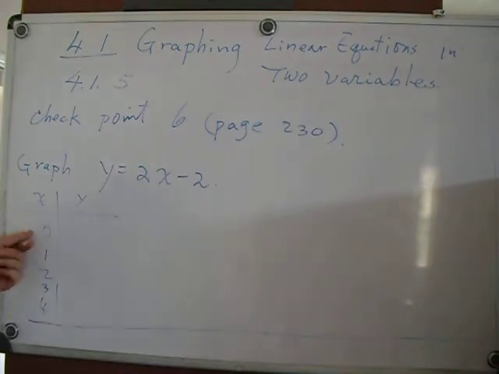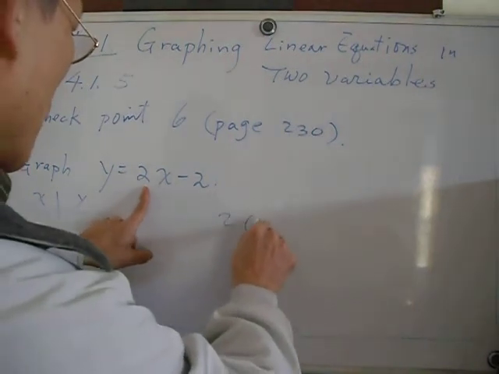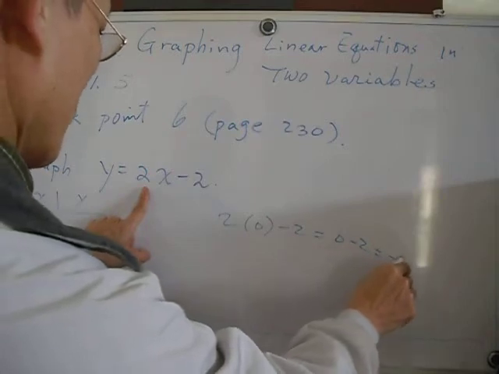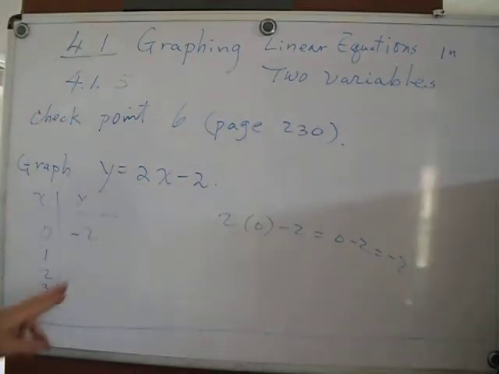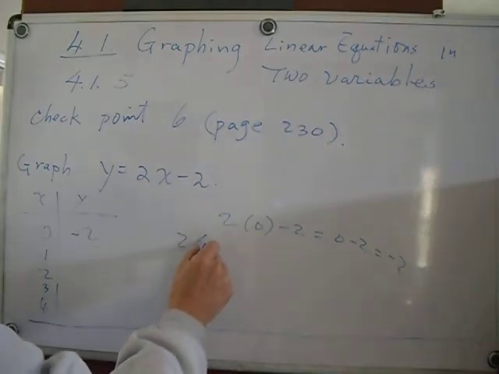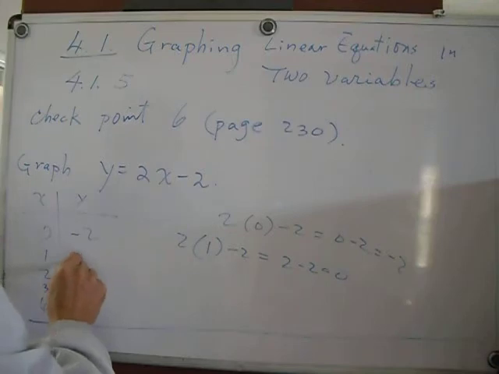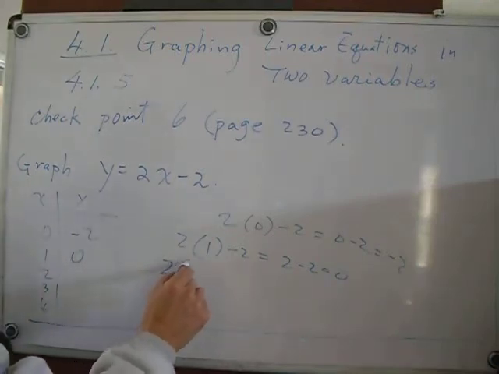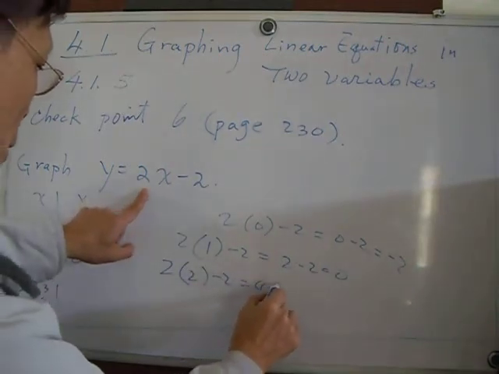So, for example, for x equal 0, 2 times 0 minus 2, you get 0 minus 2, so negative 2. The first point. The second point, 2 times 1 minus 2 equals 2 minus 2, which is 0. Next one, 2 times 2 minus 2 is 4 minus 2, which is 2.